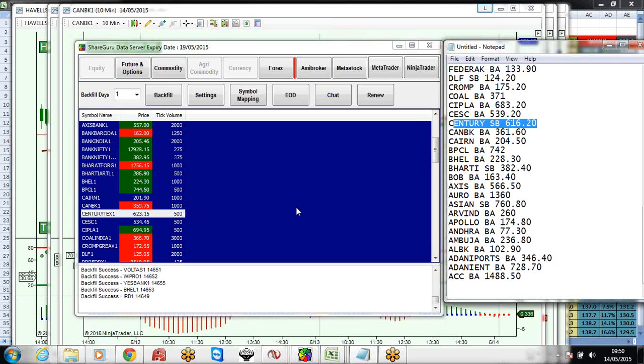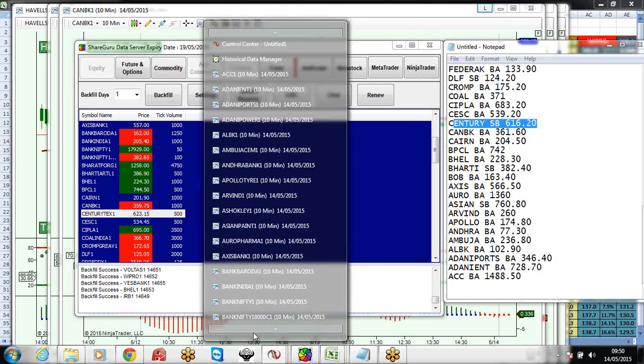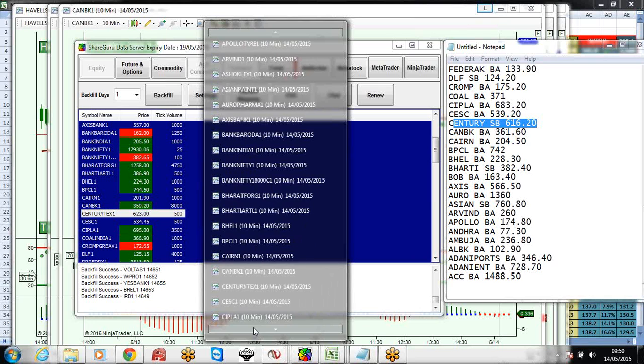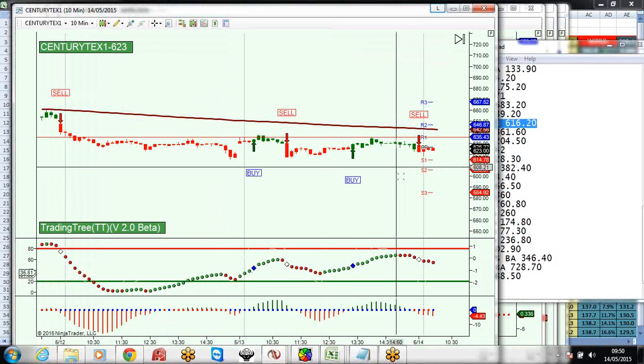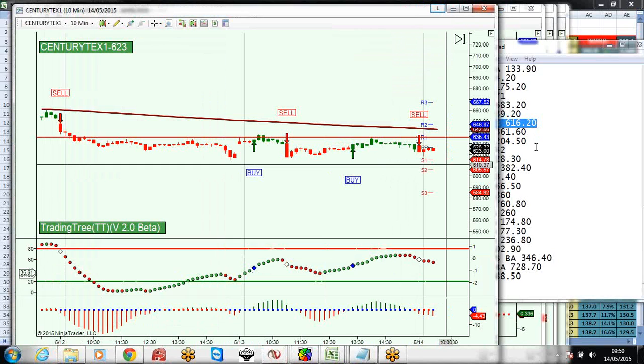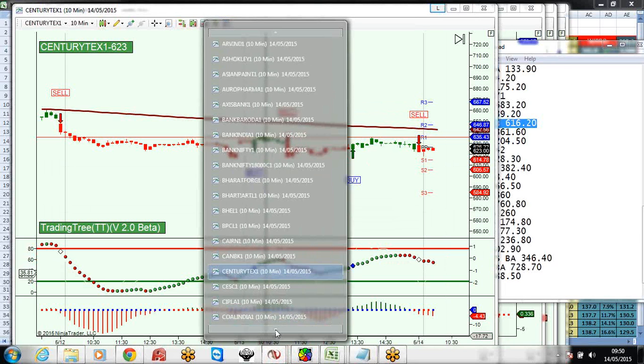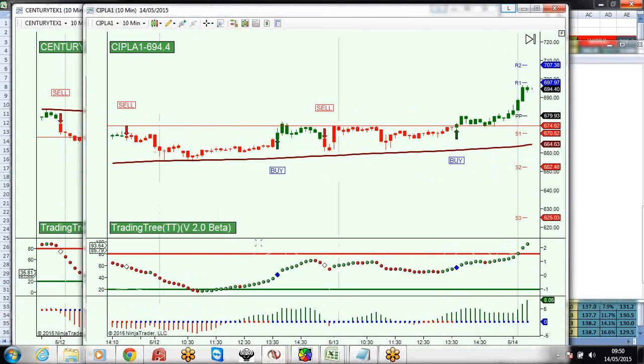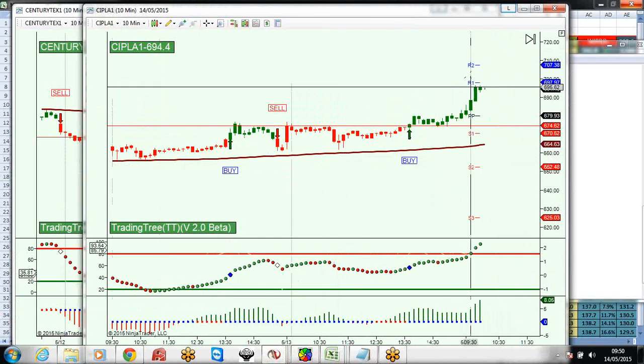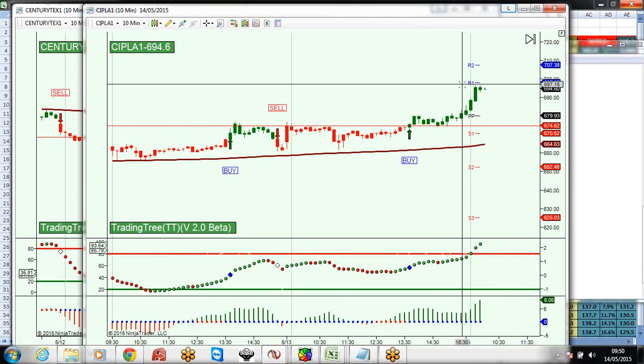Sorry, that is a sell call. So 616.20 is short. It has almost done at 711.